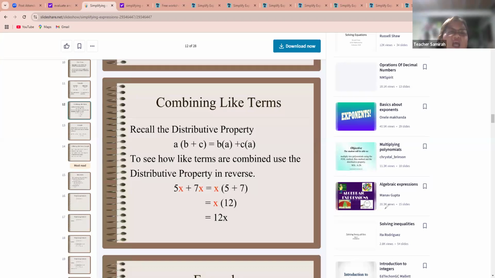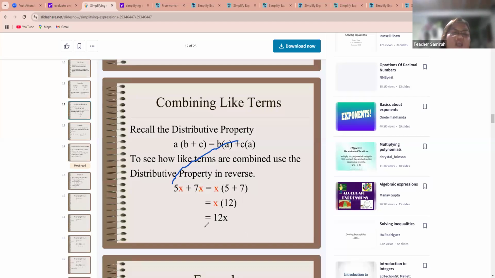To see how like terms are combined, use the distributive property in reverse. So look at this: 5x plus 7x. This is actually the answer.